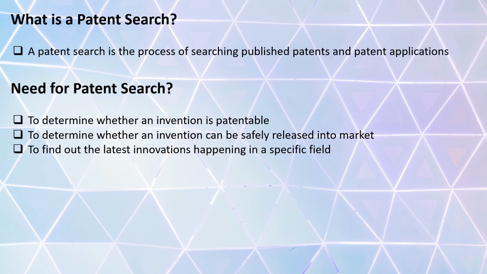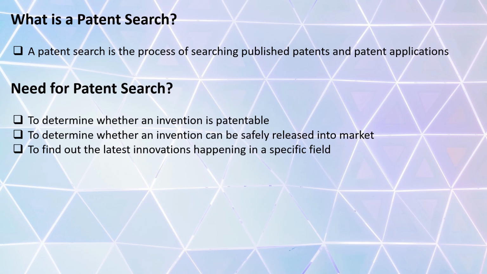I can conduct a patent search in that specific field, and I will come across the patent documents that have been filed or that are granted for that specific technology. And this will help me in understanding what kind of innovations are happening in this field and what the trend of patent filing in this field is. So that is also one of the reasons for which patent search is done.